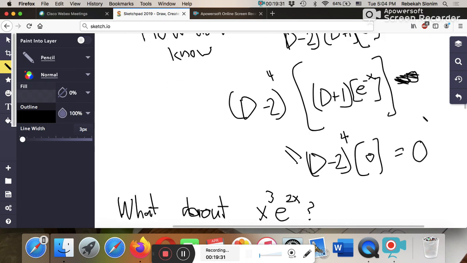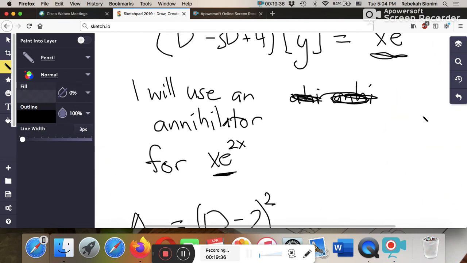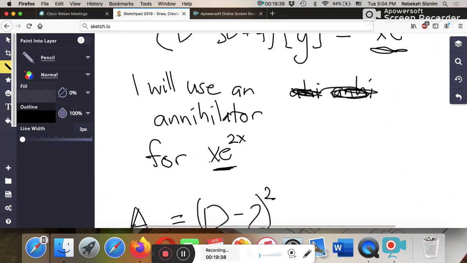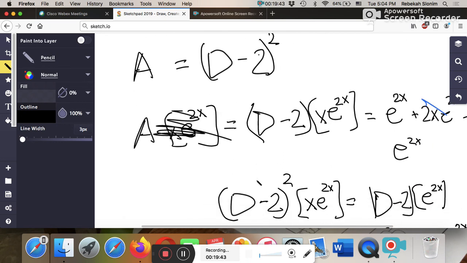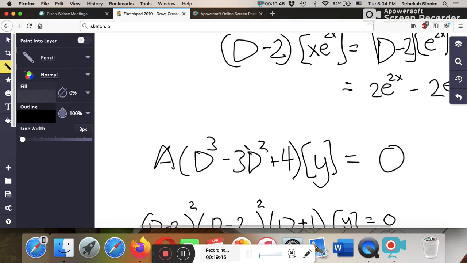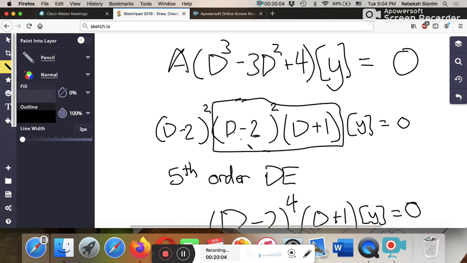So finding the annihilator, just to summarize, we were able to find an annihilator of x e to the 2x. That annihilator was d minus 2 squared. Then we apply it to the whole original differential equation, and we multiply, well, not really multiply, but apply the annihilator to that, and then we can treat it as if we're multiplying polynomials, and then we have a homogeneous differential equation.